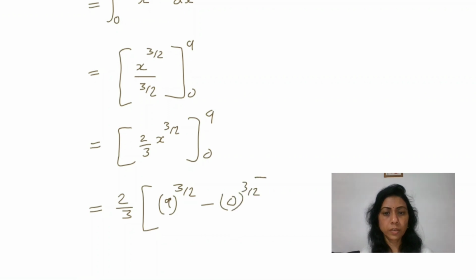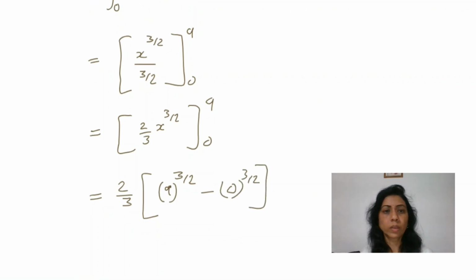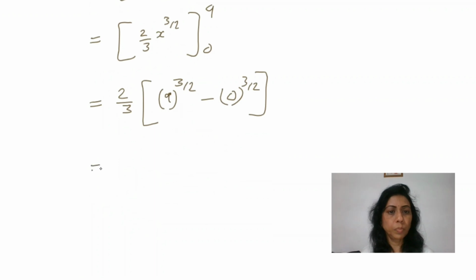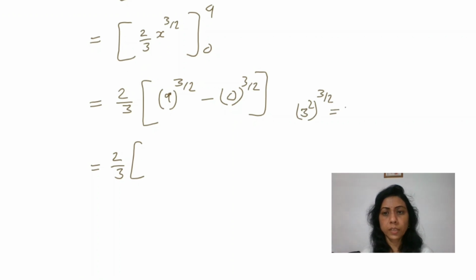Got it? Okay, then 2 upon 3, this is 3 square, and then power 3 upon 2. So square, it means like this. So 2 cancels, we get 3 cube, and that is 27.